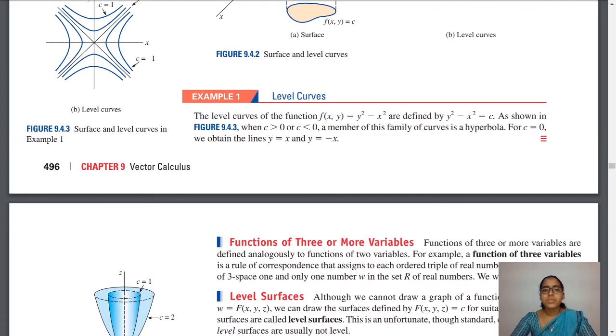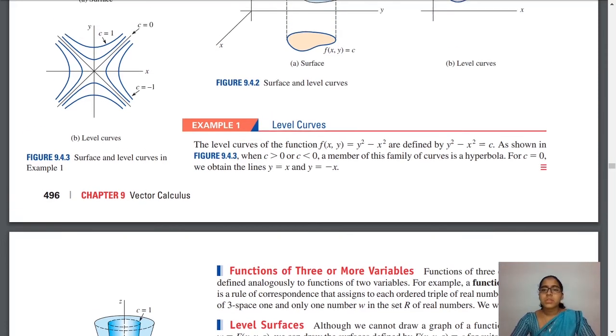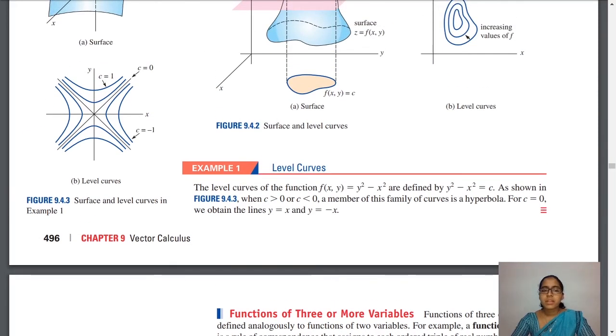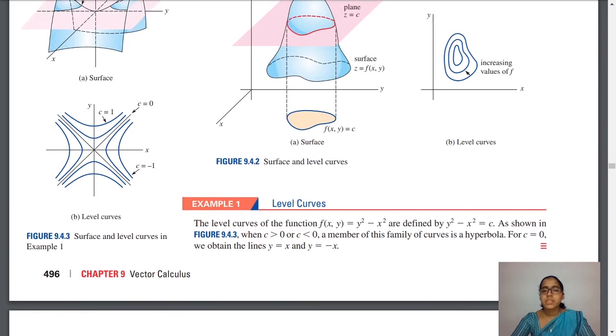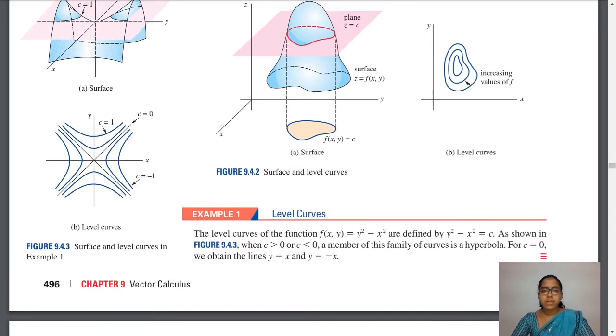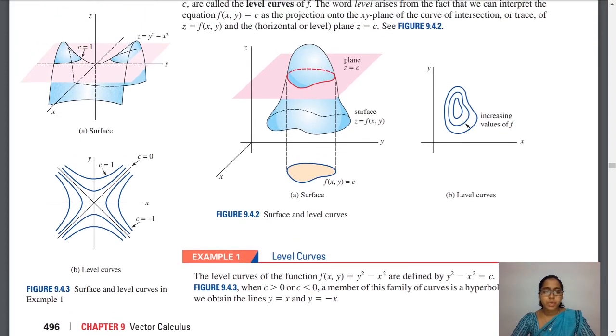We are asked to find the level curves of the function y square minus x square. How can we find the level curve? We just have to set y square minus x square equal to c. This is the figure of y square minus x square, 9.4.3, and the corresponding level curves are depicted in B. When c is equal to 1 we get one level curve, and when c is minus 1 you get this portion.